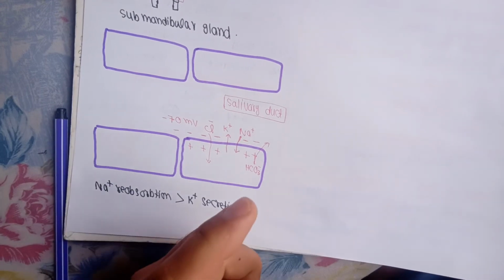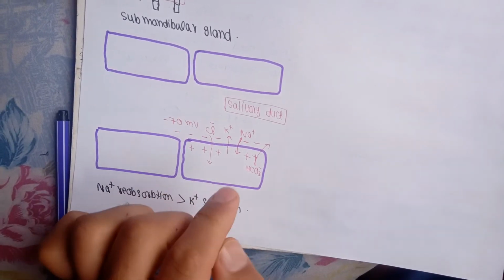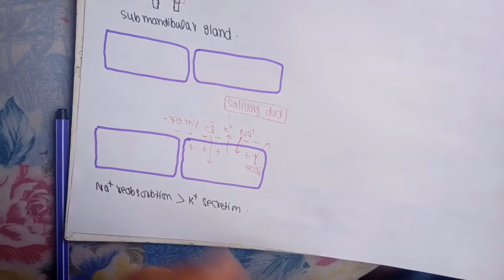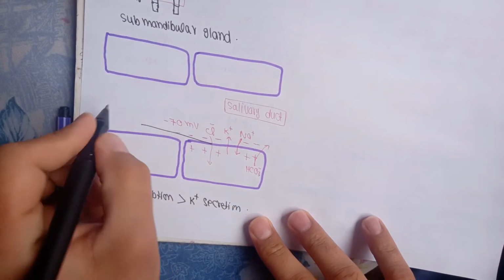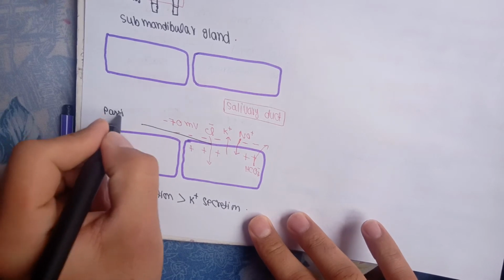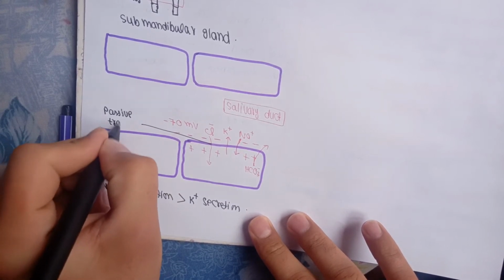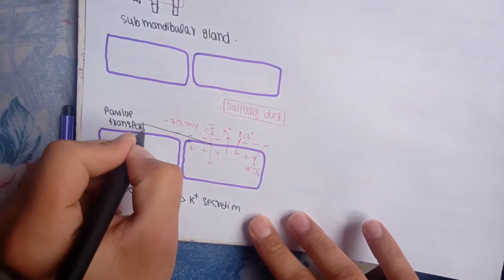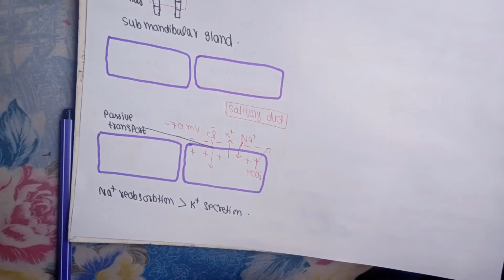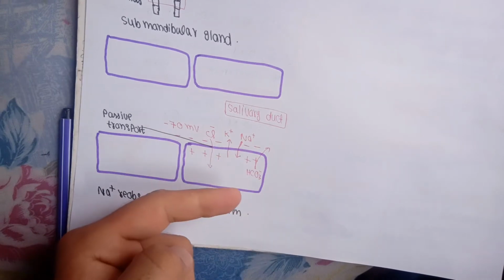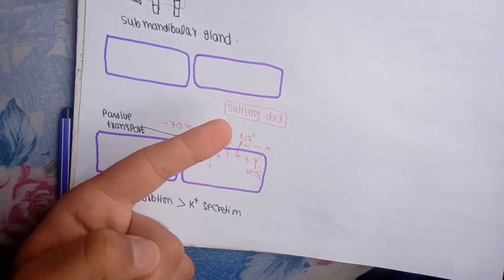It is important to know that chloride ion is reabsorbed by passive transport. Okay, chloride ion is reabsorbed by passive transport. So now look here, more sodium ion is coming into the cell, more potassium ion is moving out of the cell.